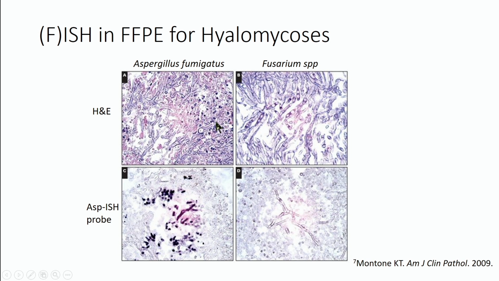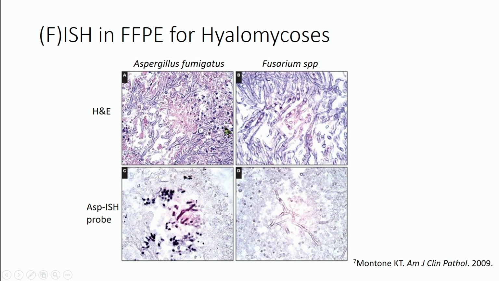Just a couple of very brief examples. Kathy Montone's group at Penn developed Aspergillus, Fusarium, and broad Dematiaceous probes. This is not FISH, but ISH, much like our EBV-ISH probe that we use in hematopathology that many of you are probably familiar with.